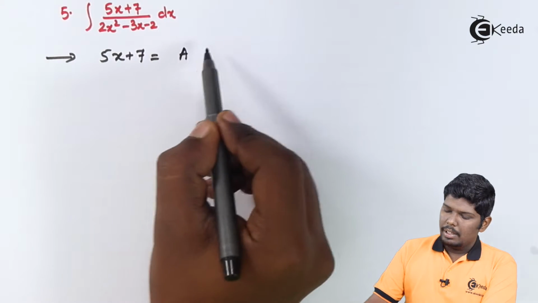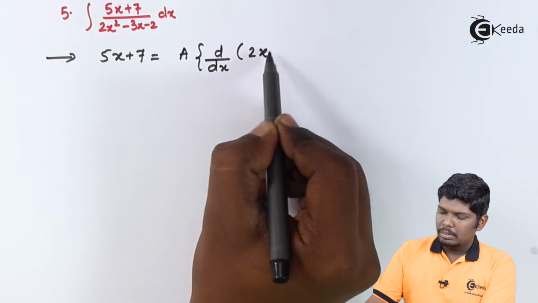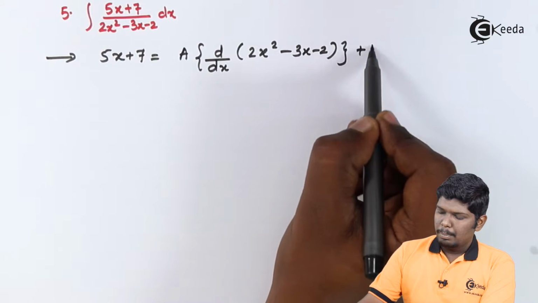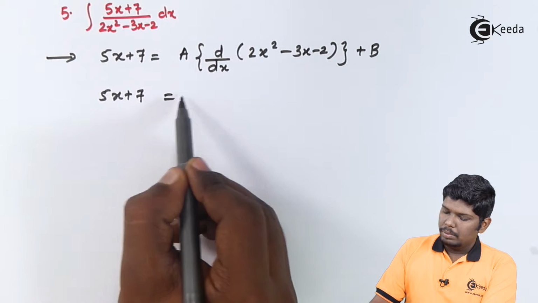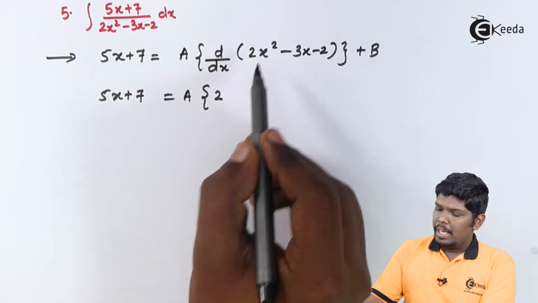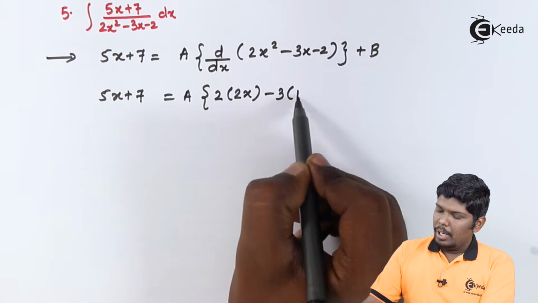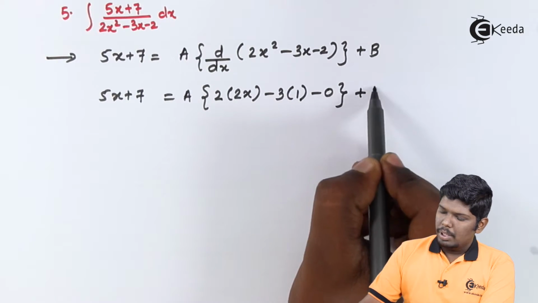as a into derivative of denominator plus b. That will give you a. We have 2 into derivative of x square is 2x minus 3 into derivative of x is 1 and derivative of constant will be 0 plus b.